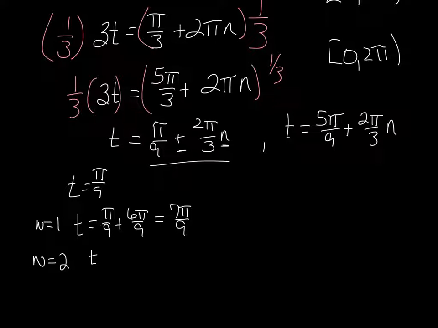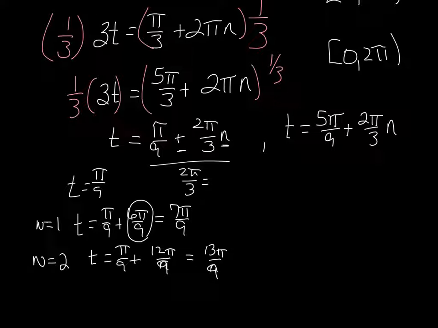All right. So if n is 2, we have pi over 9 plus 12 pi over 9, and that equals 13 pi over 9. What are you doing with the 2? I multiplied it times this, because 2 pi over 3 is the same as saying 6 pi over 9n, right?